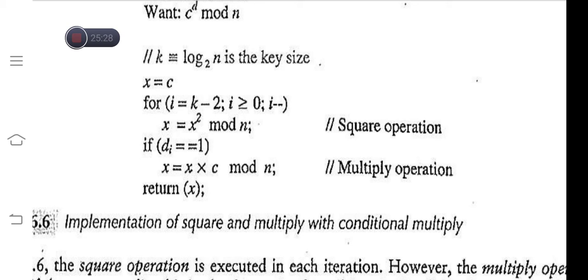An attacker may carefully monitor the power consumed by the smart card over the duration of the decryption. If the power consumption characteristics of the square and multiply operations are dissimilar, then the attacker can identify the iterations during which the multiply operation is skipped.